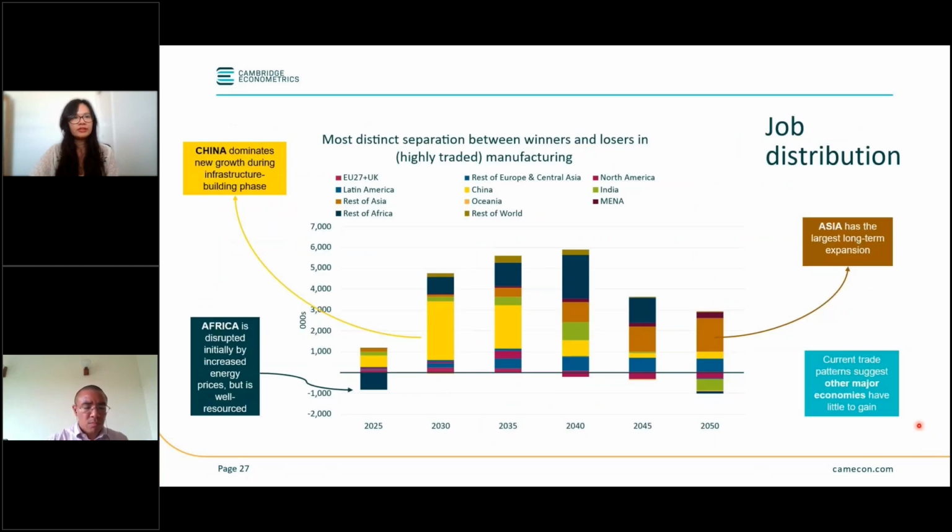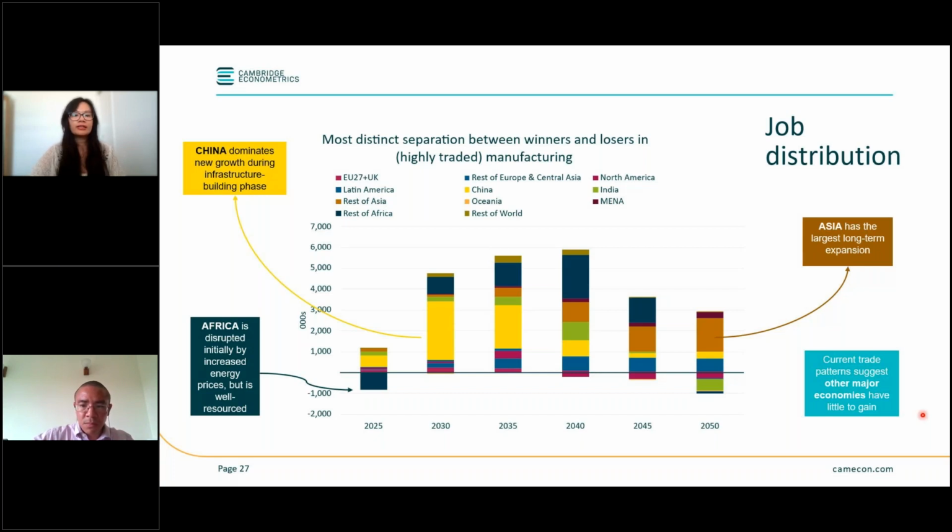Now let's turn to a different dimension and look at how jobs are distributed across different regions. We pick manufacturing here as an example because in our work, manufacturing is an important sector in a low carbon economy and quite often is projected to see positive impacts from the transition. But we can see from the chart that the benefit is not distributed evenly across different parts of the world.